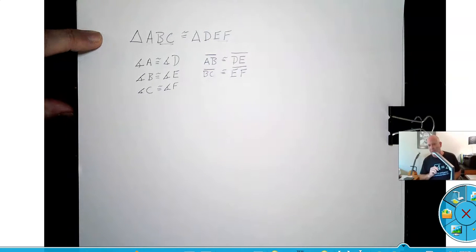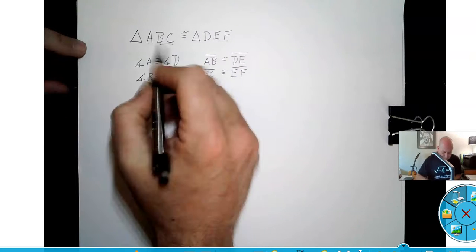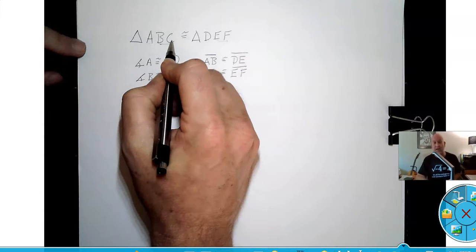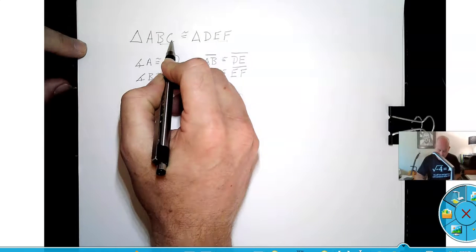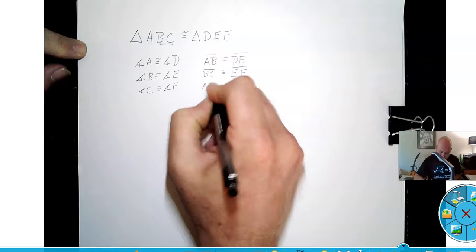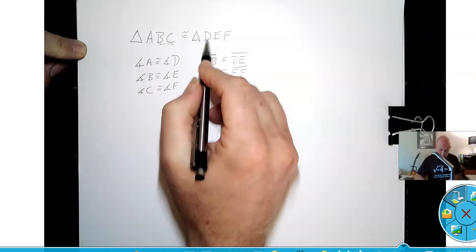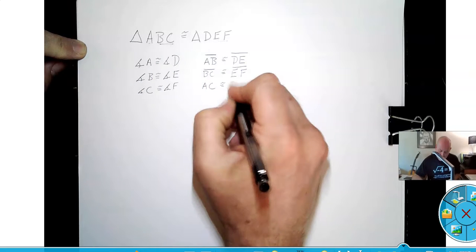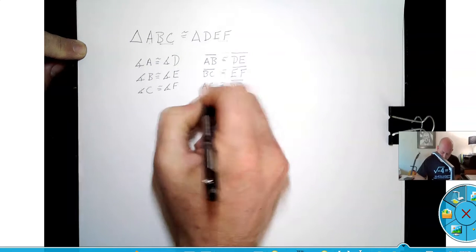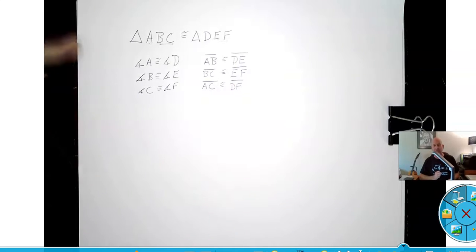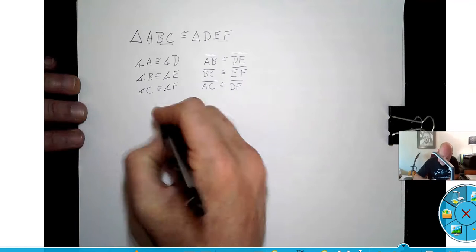Now, the last one's probably a little tricky to get a hold of, but A and C have a side connecting them. So AC has to be congruent to DF. And so we use the positions of the vertices to tell us all of these pieces of information at the same time. Now we can see that here.